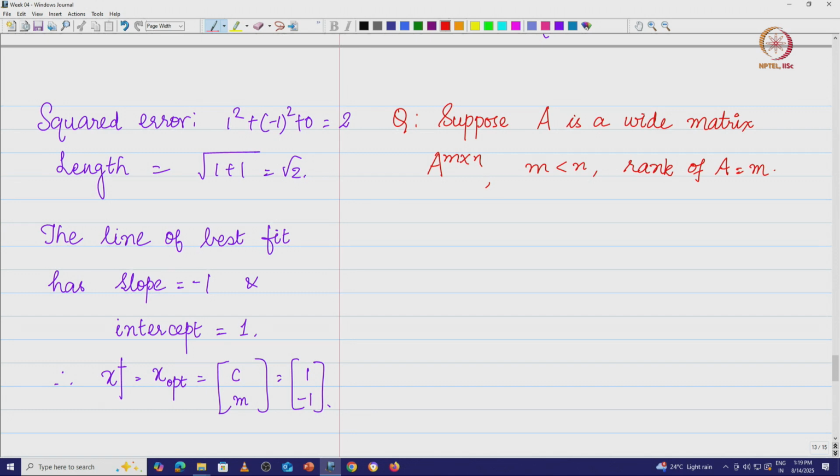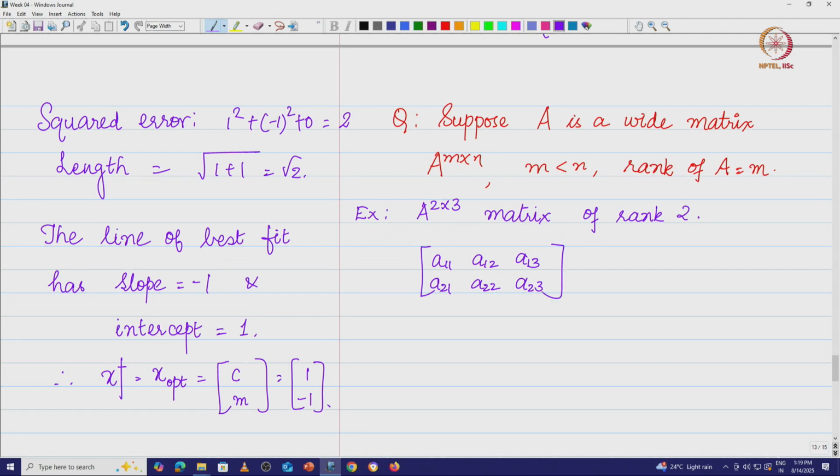Let us consider a simple example. In this case, we say A is a 2 by 3 matrix of rank 2. Now, what does this mean? I have a 2 by 3 matrix of this form: A11, A12, A13, then A21, A22, A23.